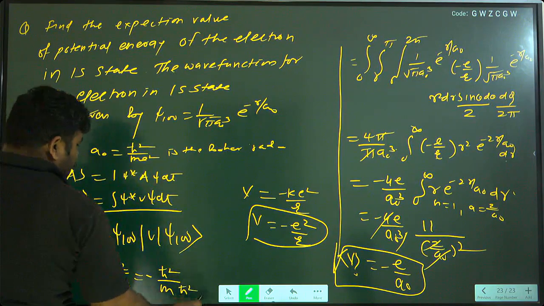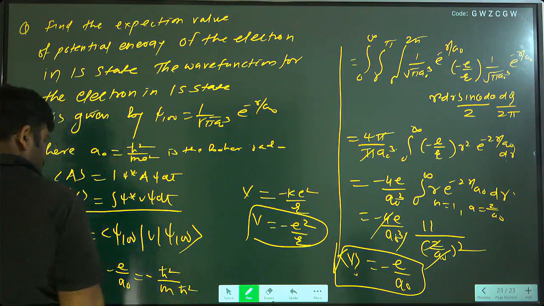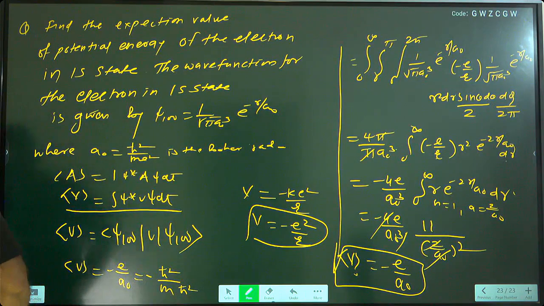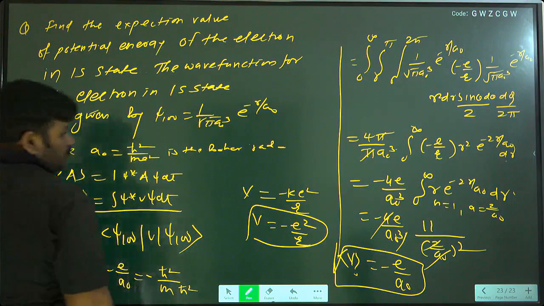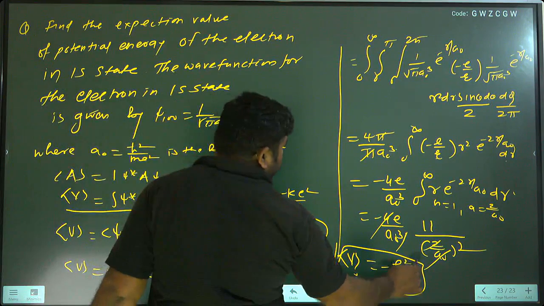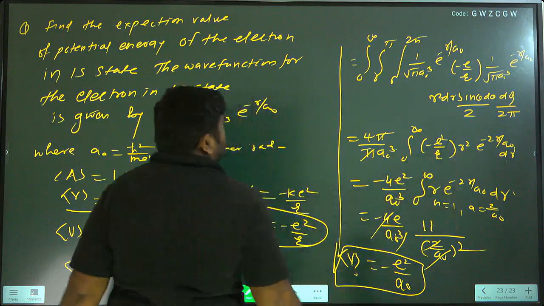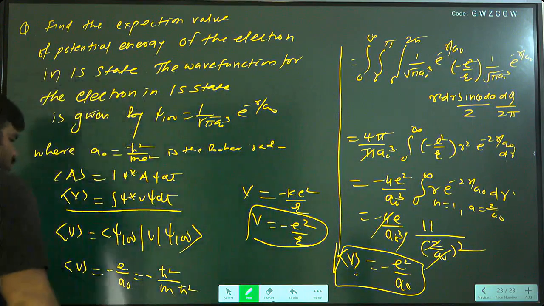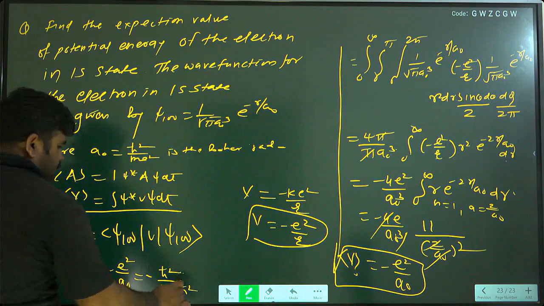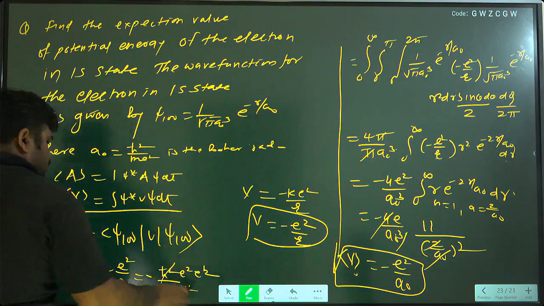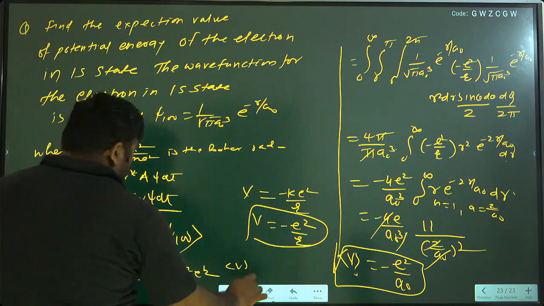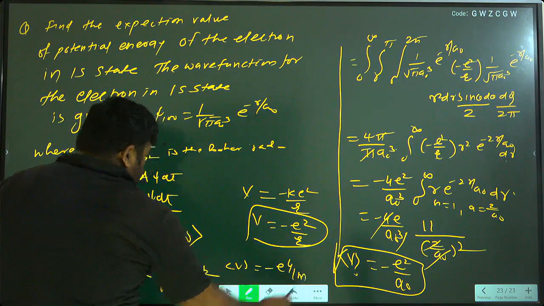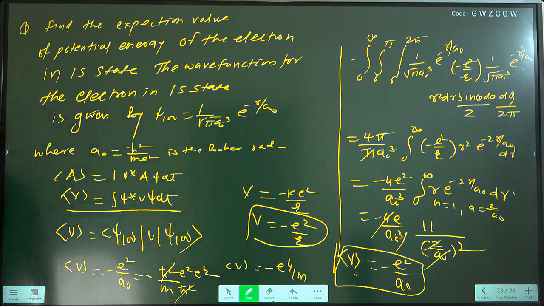A is h cross square upon e square, no? When we took the potential, e square upon k square upon r, okay, so e square, this e square and e square become 4, h cross gets cancelled. Expression of V is equal to minus e to the power 4 upon m, e to the power 4 upon m.